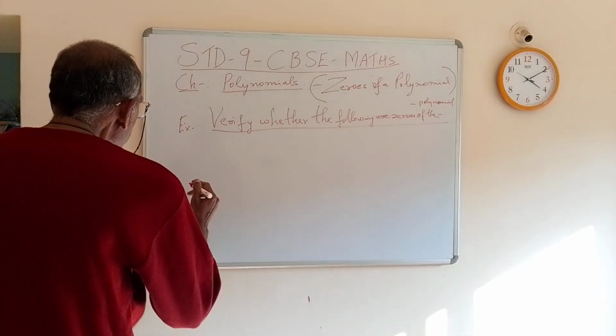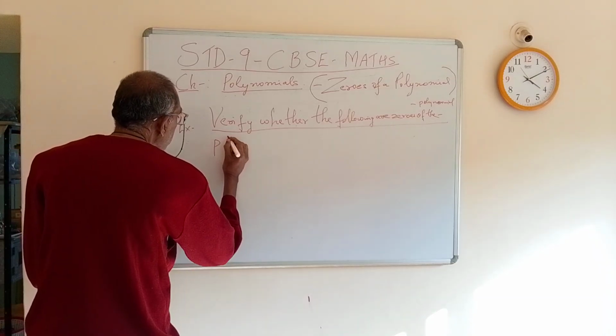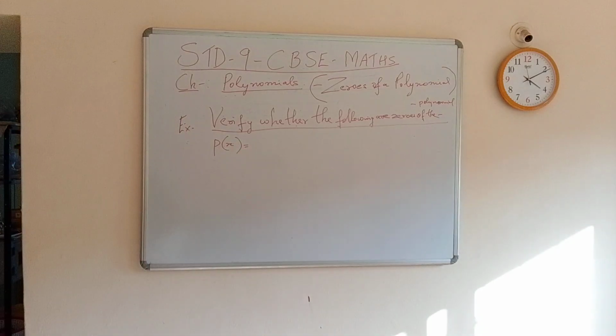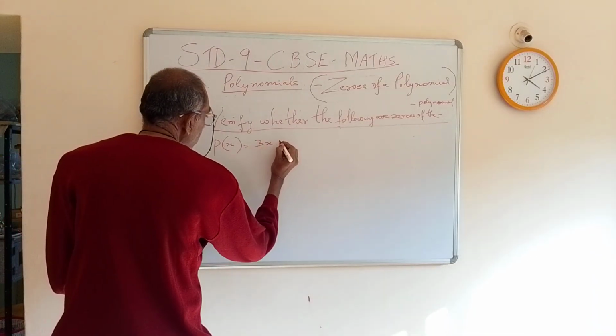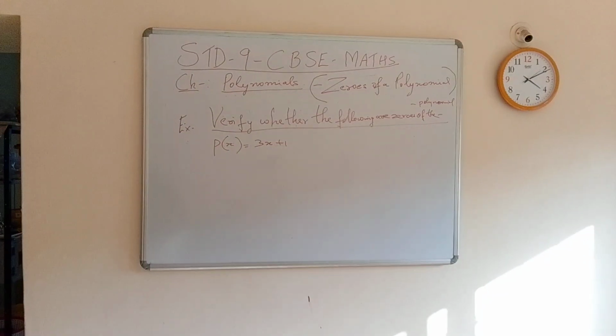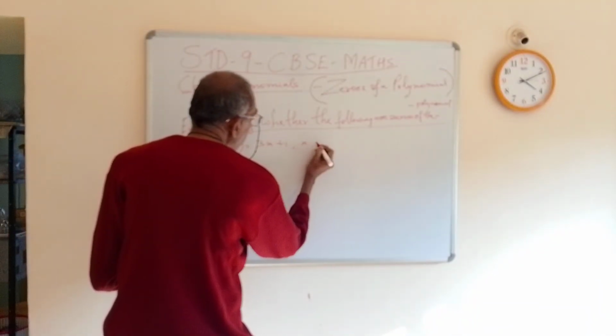So the sum is p(x) is equal to 3x plus 1. And the value of x is given.